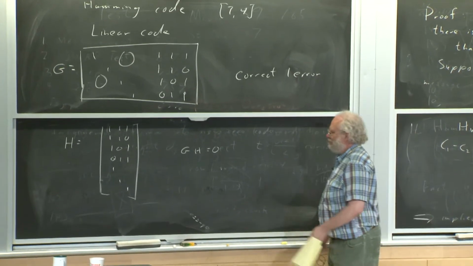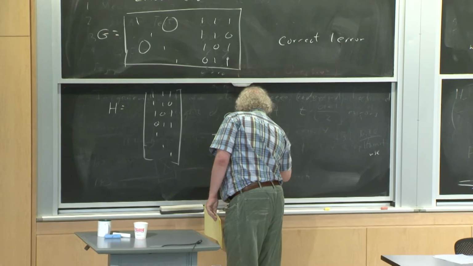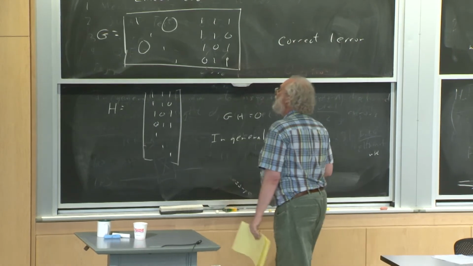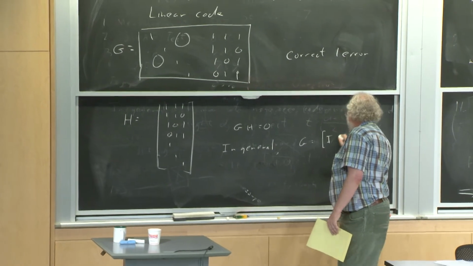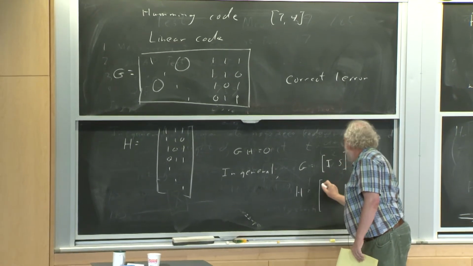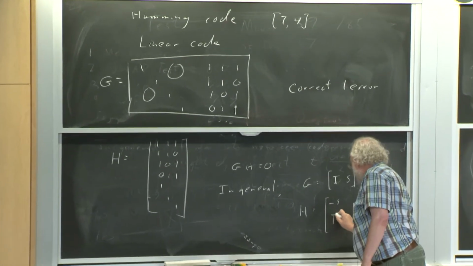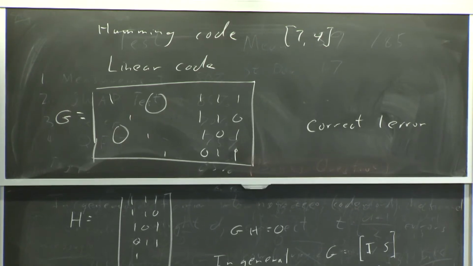Why? Well, in general, let's say G equals I S, H equals minus S I. So S equals minus S if they're binary.